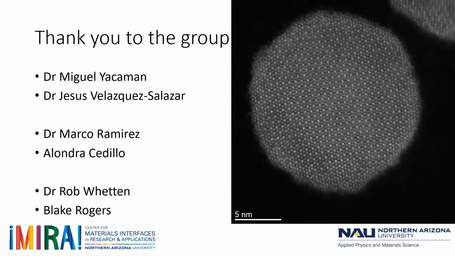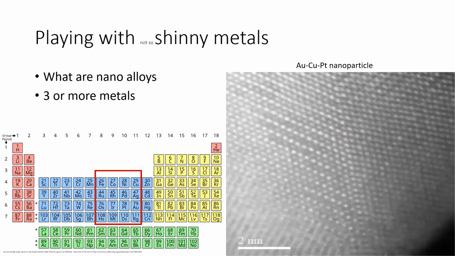There was a red box that you had on the periodic table of elements. Why are you only interested in those? We have them. They're easier to get. They have some interesting properties. Gold is used for so much stuff.